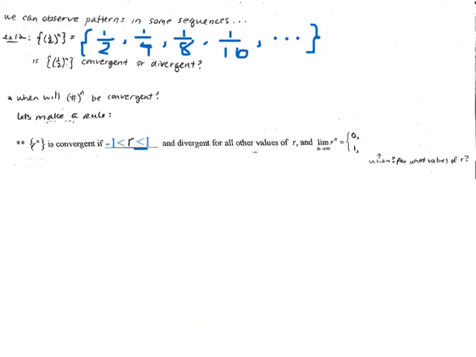And if r is equal to 1, then every term will be 1, and the pattern is that they're all 1. So let's put that together. Our sequence will approach 0 if our r is some sort of fraction between -1 and 1, and our sequence will approach 1 if our r value is 1. Okay, so hopefully that's a good quick introduction to sequences. The end.